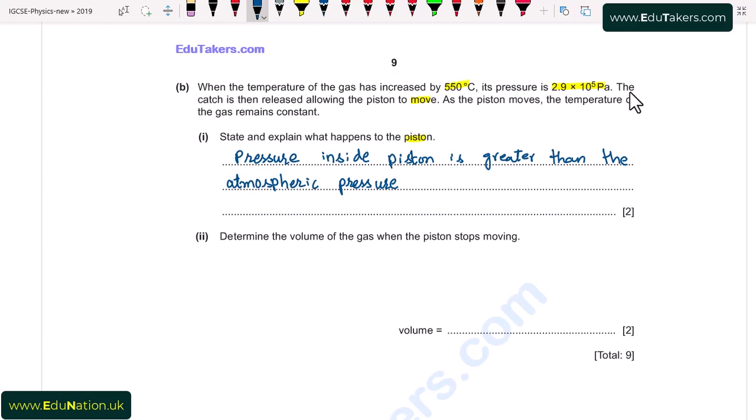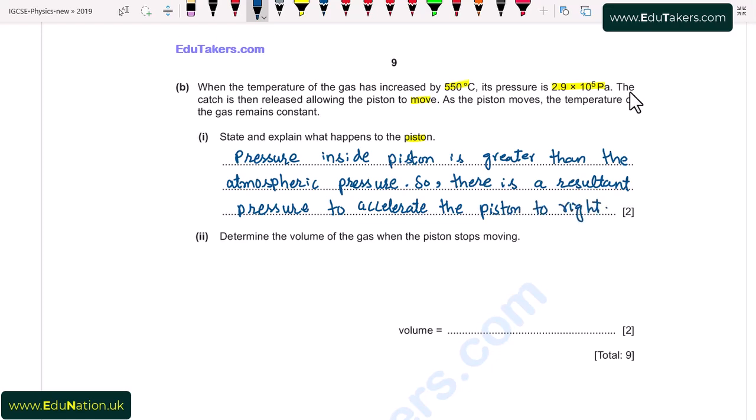So there is a resultant pressure to accelerate the piston to right. So we can simply say that the piston will move in right direction away from the heater.